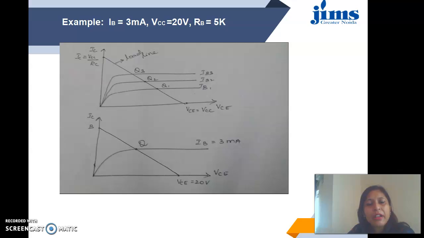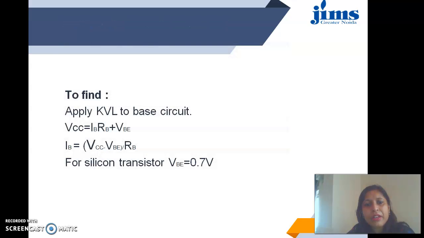Now we take an example: IB equals 3 milliampere, VCC equals 20 volt and RB equals 5 kilo ohms, and we have to determine the DC load line. From the above equations, to draw the DC load line, we have to find two equations.